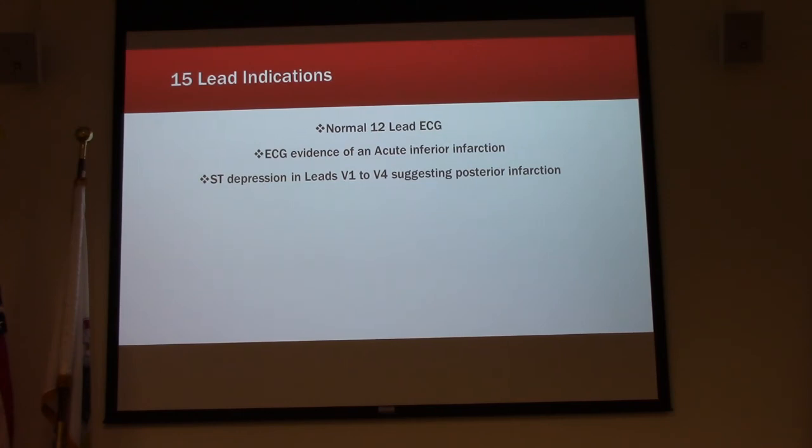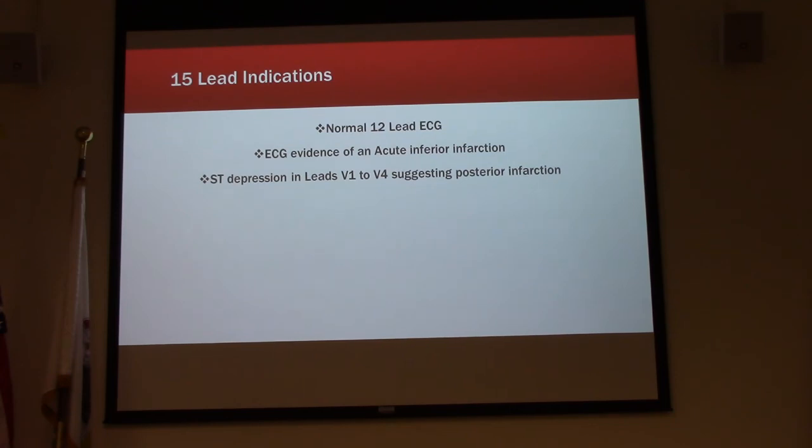Now, we're not using all 15 leads. You'd be moving a total of just 3 leads for these patients. But if you have someone who has chest pain but ends up with a normal 12 lead, rule out that they're not having a posterior wall MI. You have someone who has an inferior infarct, move it to see, is it right ventricular or is it just inferior?